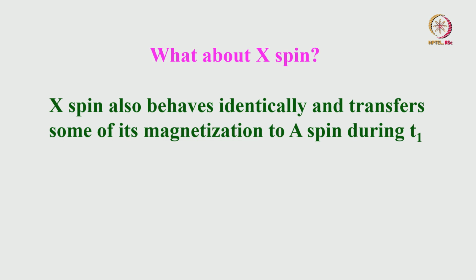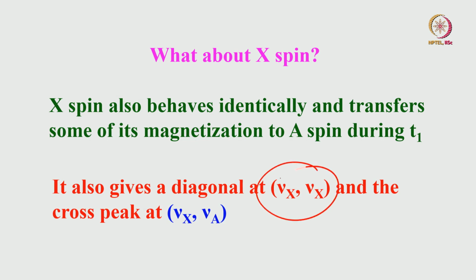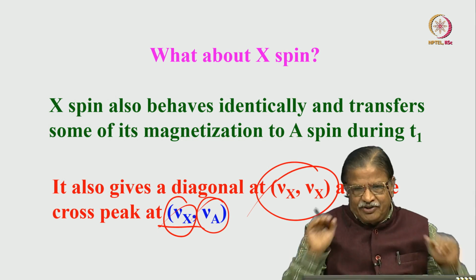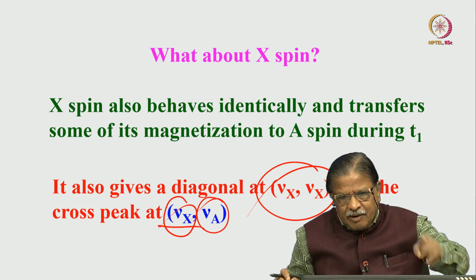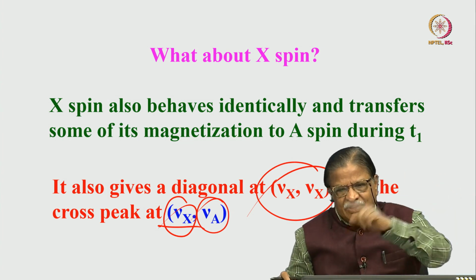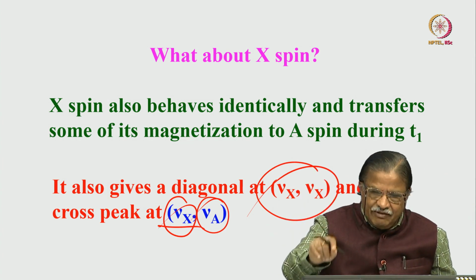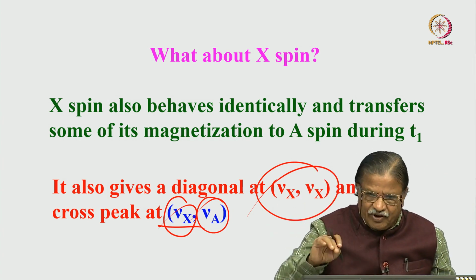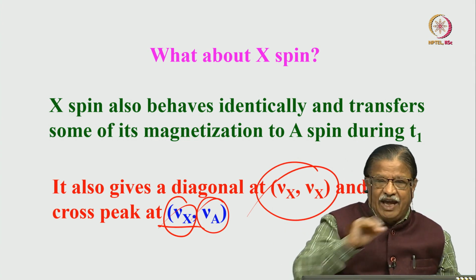That means it gives a peak at nu X comma nu X, which is a diagonal peak, and also in the T1 dimension it gives a peak at its own chemical shift, whereas in the T2 dimension it gives a frequency at the chemical shift of A. You understand? Very interesting thing. A gave a peak at its own frequency and a frequency of X. Similarly, X will give a peak at its own frequency and also at the frequency of A.